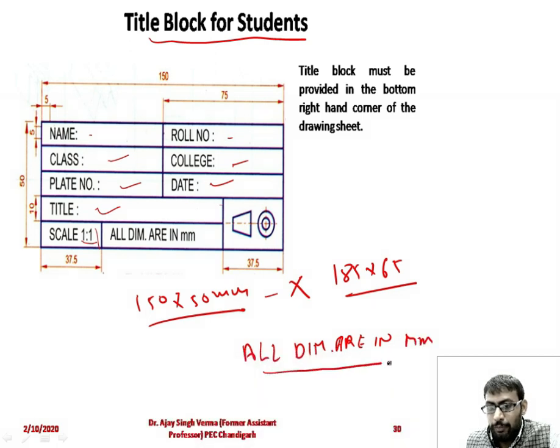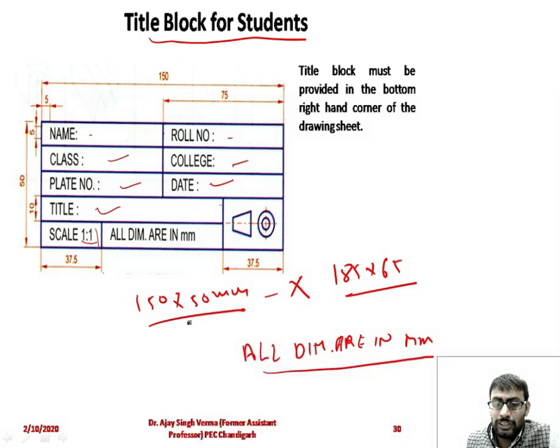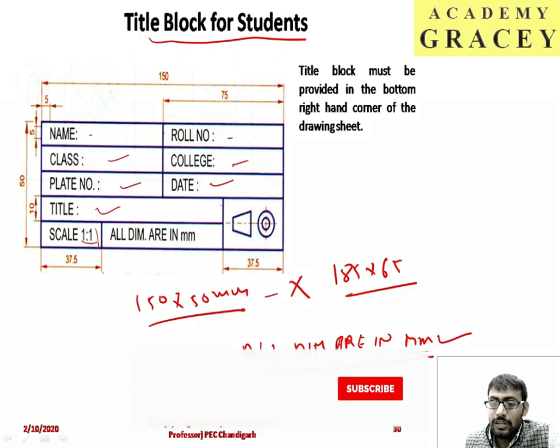It is very important, because when we plot a drawing, a fabricator or an observer or manufacturer reading the drawing needs to know whether the dimensions are in inches, meters, kilometers or mm. So it is mandatory to write that these dimensions are in mm. If you go for inches, you have to write inches, but basically we will follow drawings with dimensions in mm.